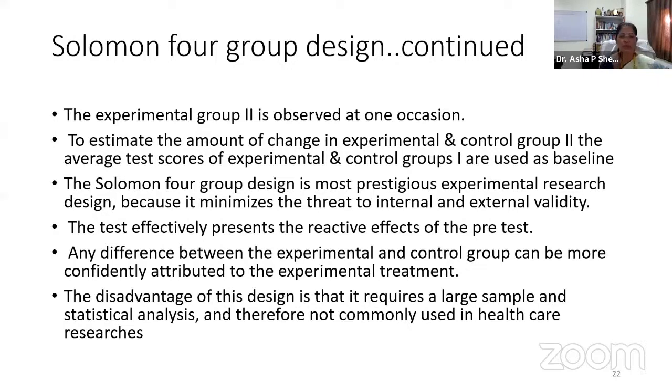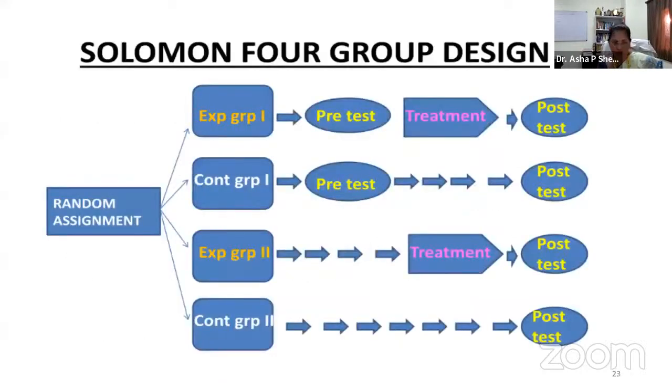So any difference between the experimental group and the control group can be more confidently attributed to the experimental treatment. We cannot say that it is because of the pre-test or because of the intervention. So we have a combination of designs in this. The only disadvantage here is that it requires a larger sample and it has 4 groups for analysis, and it is not that commonly used in healthcare research.